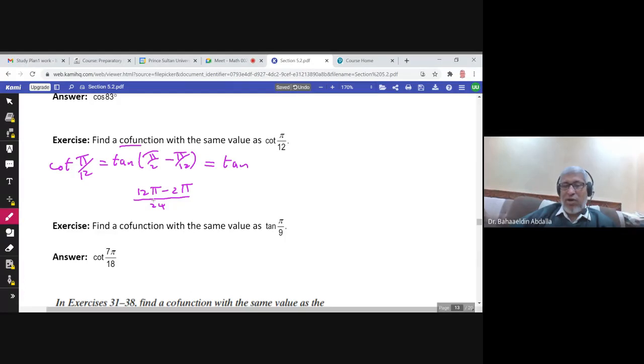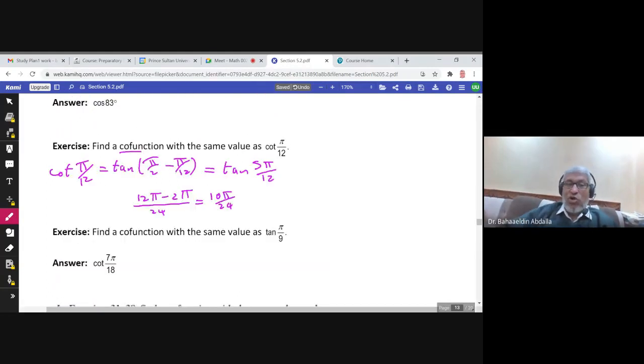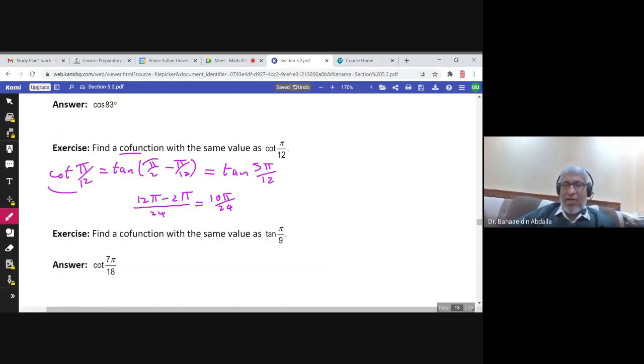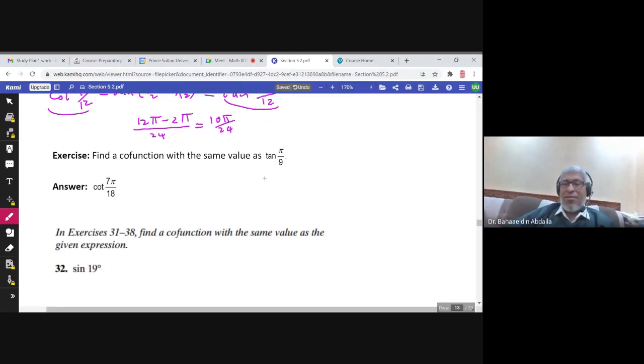So it would be 10 pi over 24 or 5 pi over 12. I did this quickly. In fact, it is better to change 2 to 12. So multiply 6 pi over 12 minus pi over 12, and you can see that the answer is also 5 pi over 12. So cotan pi over 12 equals tan 5 pi over 12. Also, tan pi over 9 would be cotan 7 pi over 18.